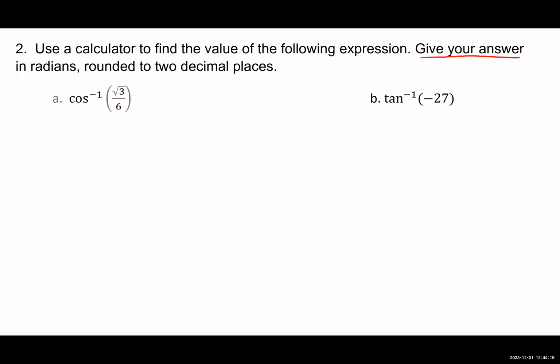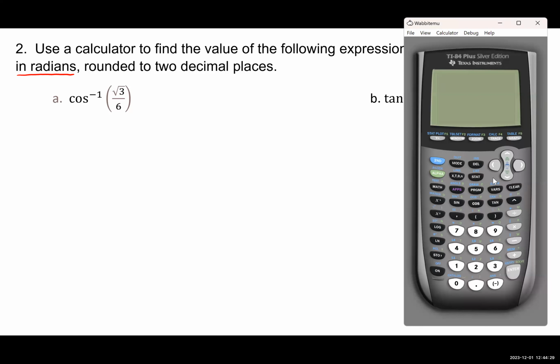So what's the first thing we have to do here if we're using a calculator? Well, if we open up our calculator, we want to make sure we go into mode. Because angles, we can measure in degrees, and we could also measure in radians. This problem is talking about radians, so we want to make sure our calculator is in radian mode, right?